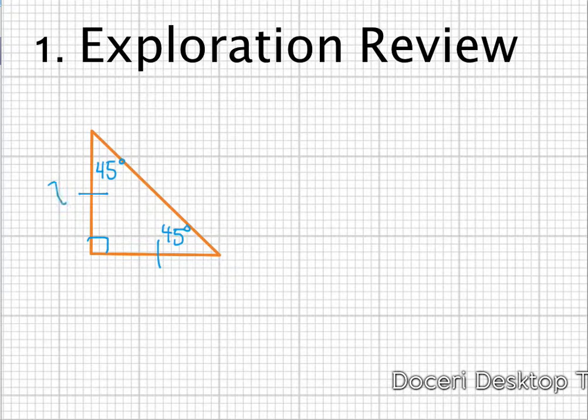If I say x is my leg length, if I did x squared plus x squared, that's equal to my hypotenuse squared. So if I want to find my hypotenuse, I just combine like terms. So I'd have 2x squared here equal to my hypotenuse squared.